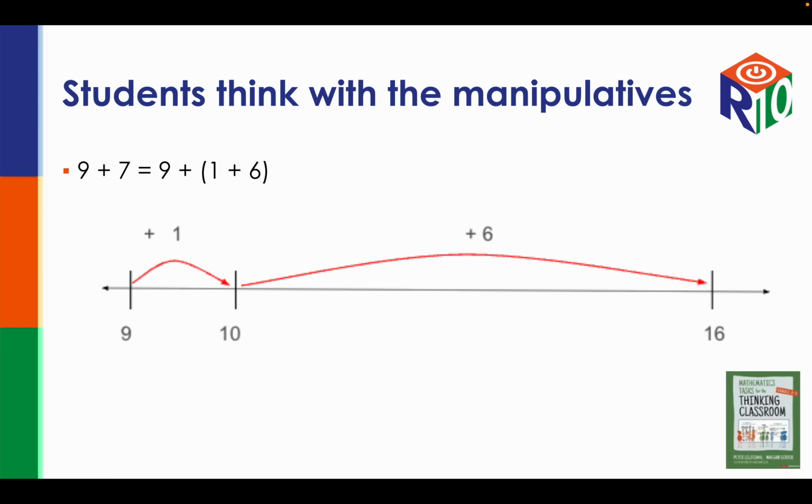So 9 plus 1 is 10, and then I need to add 6 more to be able to add my full 7. So 9 plus 1 plus 6 is 16. That's where using that number line is really showing how they decompose that 7 in order to find the sum.